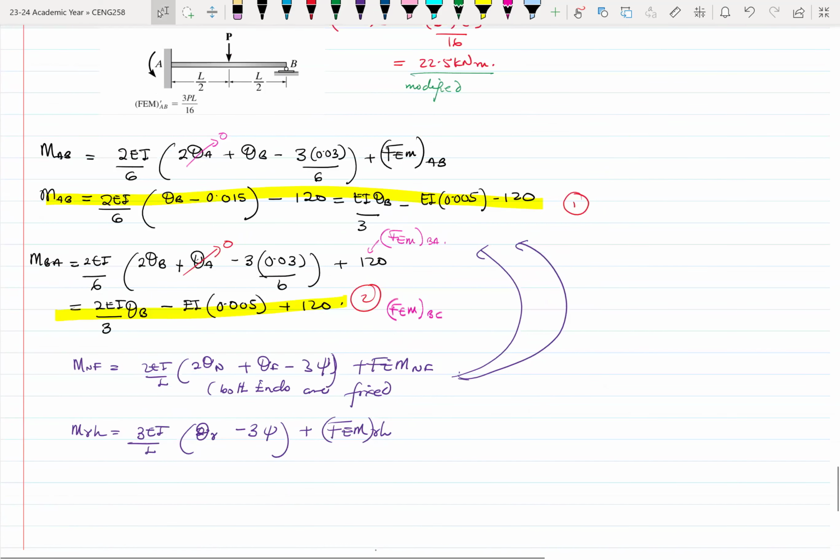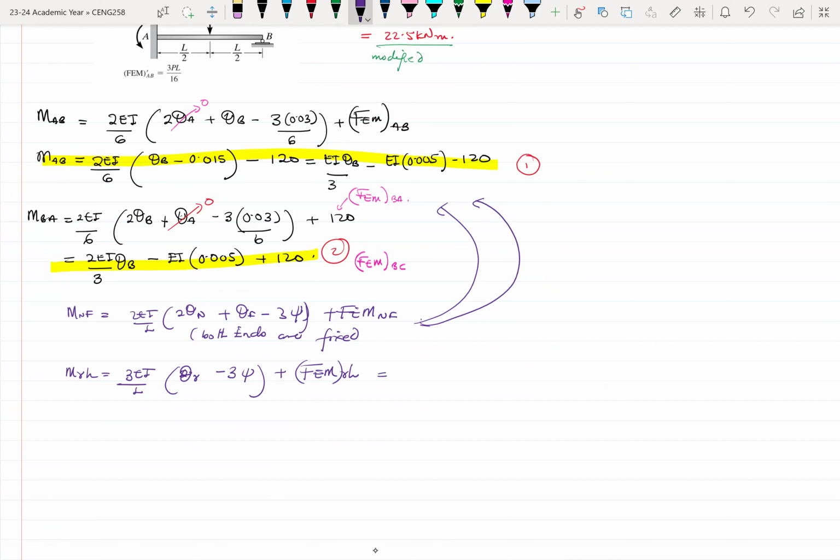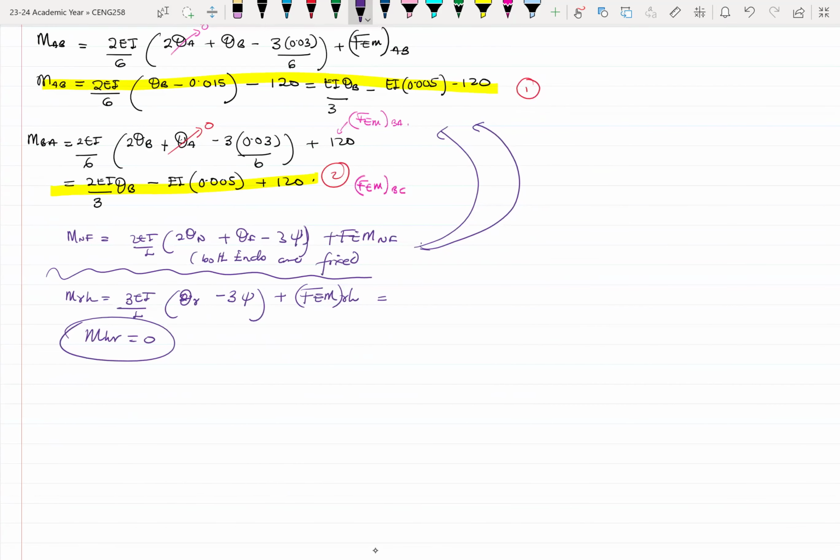What this means is that your MRH has a value, but your MHR is 0. No stress. So what we are focusing on is working with the MRH option for span BC.